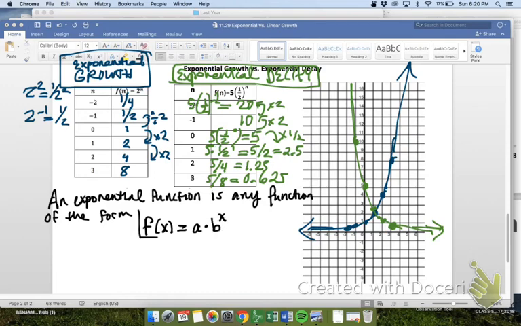So this is the same kind of form we had on the first page of our notes, but we're going to be a little more specific about a and b now.